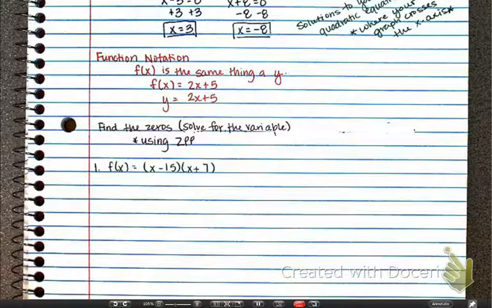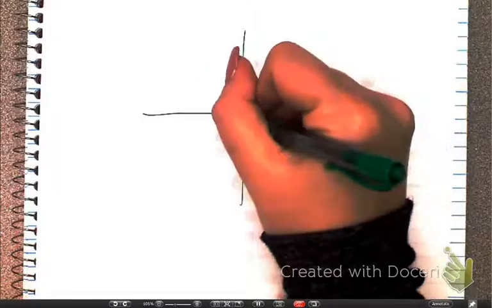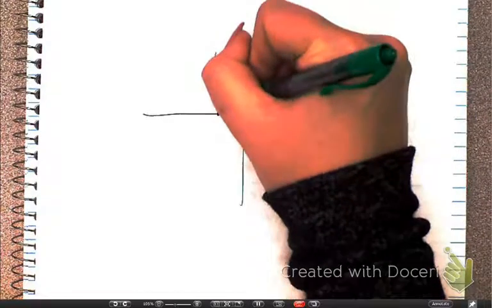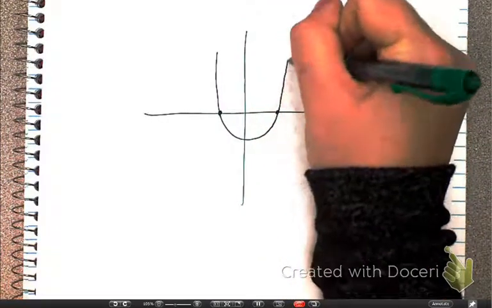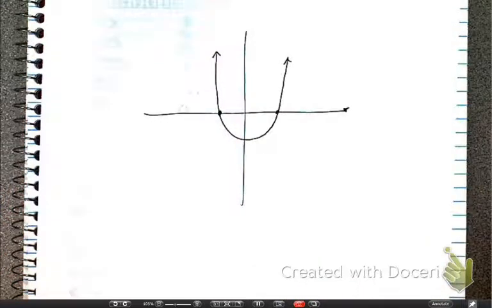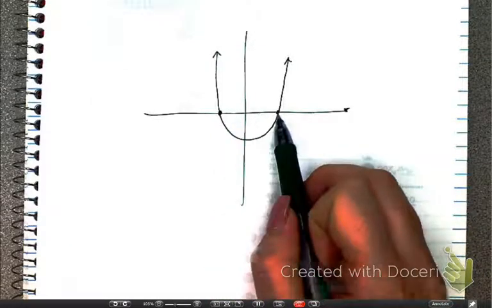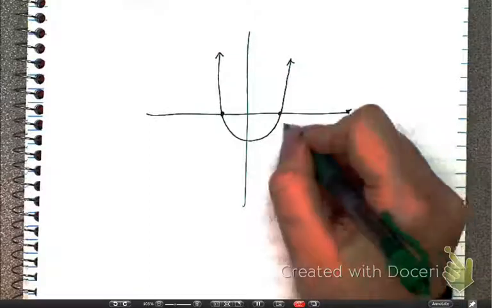Now the reason that works is because if you look at a graph, I'm telling you that when I solve, that's where my quadratic equation crosses the x-axis. So for instance, it's going to look something like this eventually. Okay, so if these 2 points is what I'm solving for, that's where it crosses the x-axis. So let's just say this is a 3.